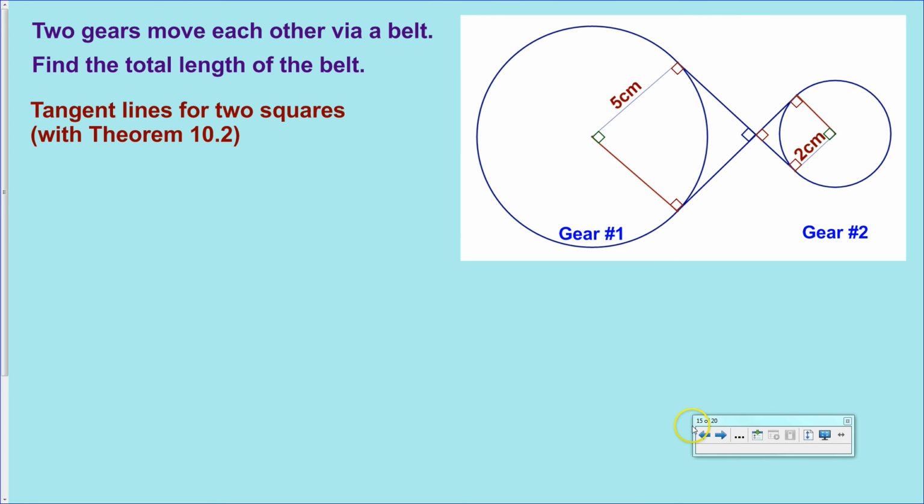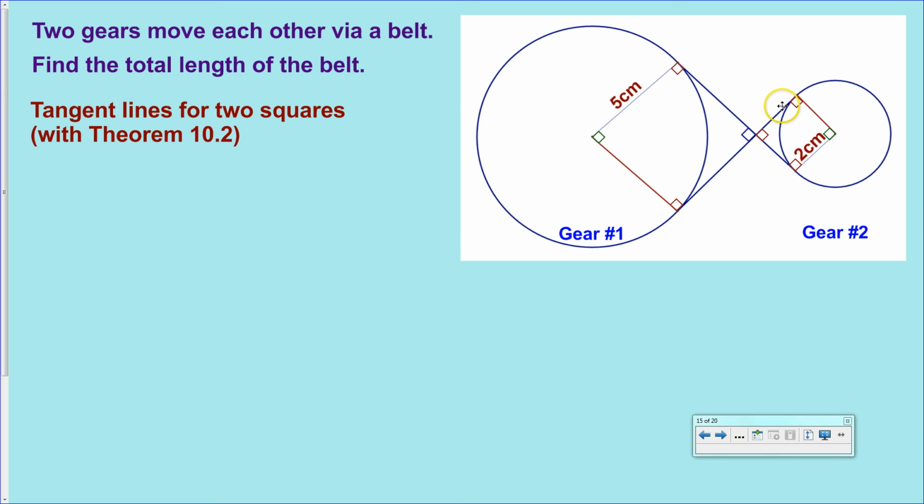So through what we know about tangent lines in theorem 10.2, we can assume that we have two squares. This one, same reasoning as before, which means that the length of the belt that's not on the circle right here is also 5, and 5 right here, and 2 right here, and 2 right here.